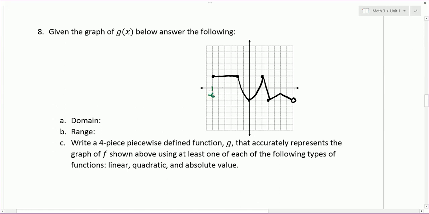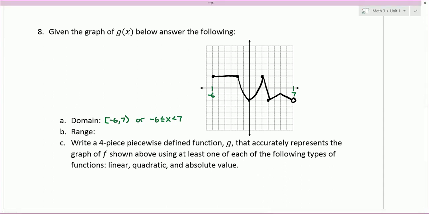The largest x value is over to the right, it's not included, but it goes all the way up to 1, 2, 3, 4, 5, 6, 7. And so we include the left endpoint. We do not include the right endpoint. That's in interval notation. If we put this in inequality notation, it's -6 less than or equal, we include it, to x, which is less than 7.